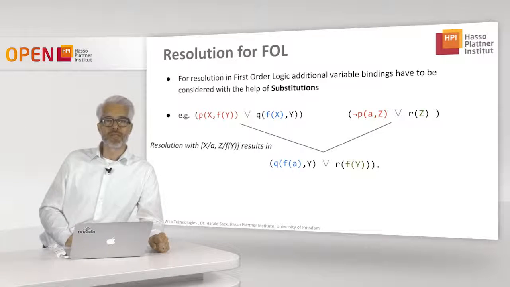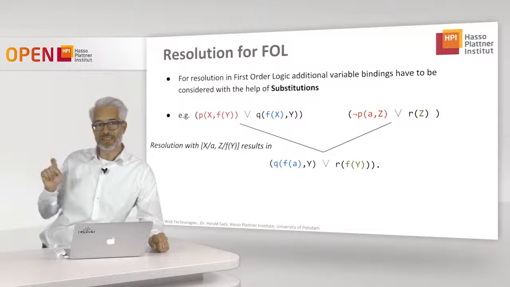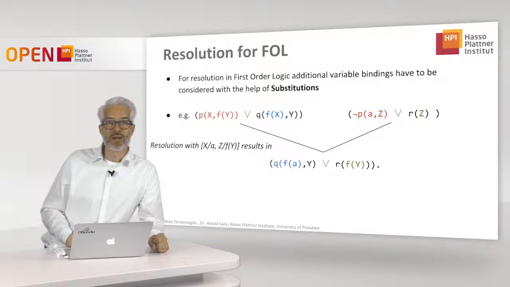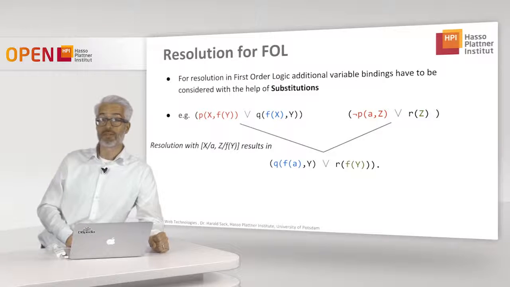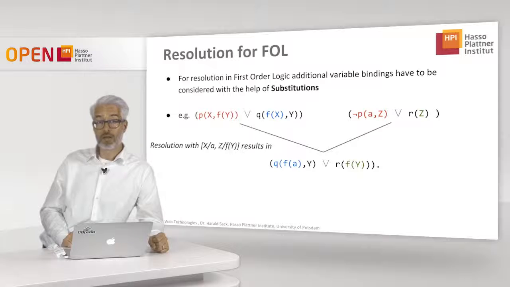And in the second clause, you could substitute the variable z with a function f of y. Then this would resolve in the end, because the first part of the clause would be once an expression and its negation, and this resolves then to the lower part of the formula.